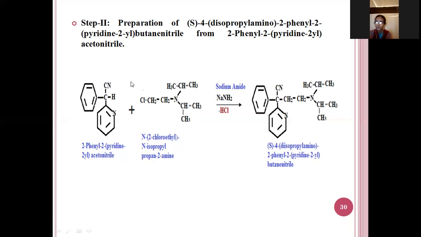So one of the hydrogen atoms from the 2-phenyl 2-pyridine 2-yl acetonitrile and the chlorine atom from the 2-chloroethyl isopropyl propane 2-amine are eliminated, to get the 4-diisopropyl amino 2-phenyl 2-pyridine 2-yl butanitrile. So this is the second step.